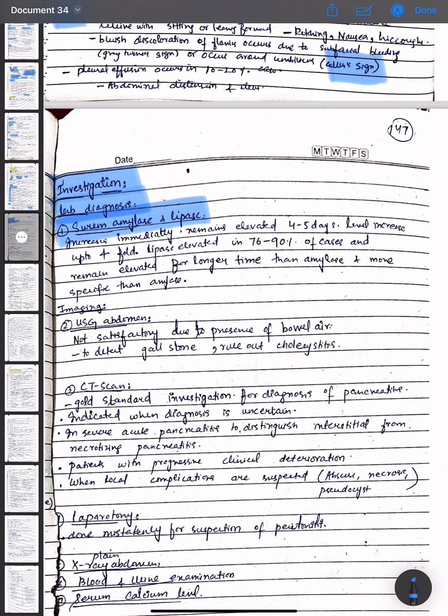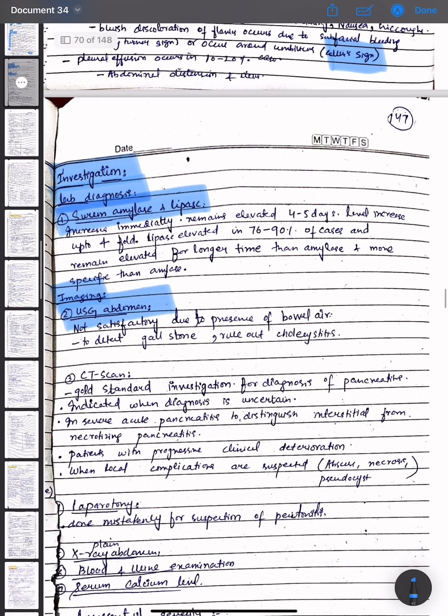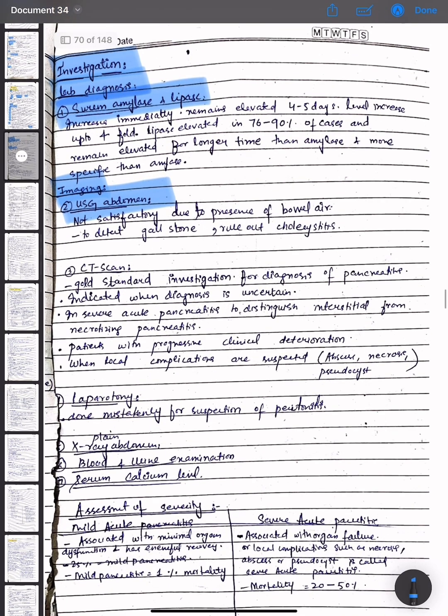Imaging is done, that is ultrasonography of the abdomen, which is not very satisfactory due to the presence of bowel air, but is used to detect gallstones and rule out cholecystitis. CT scan is the gold standard investigation for the diagnosis of pancreatitis and is indicated when diagnosis is uncertain.